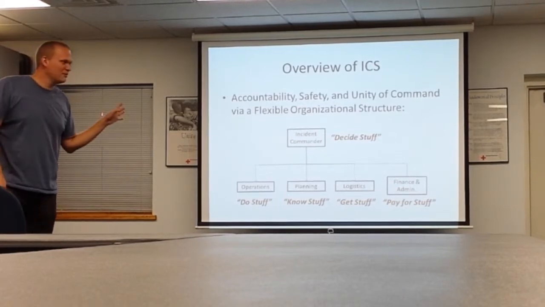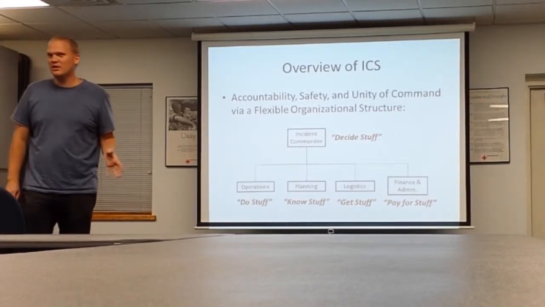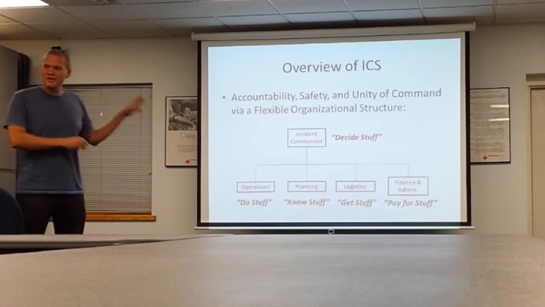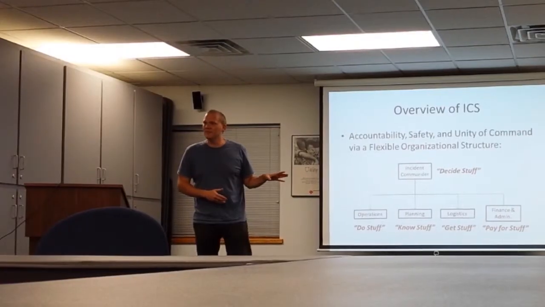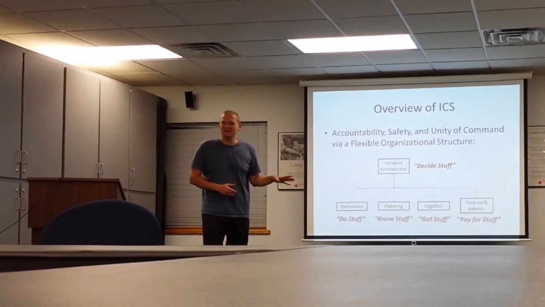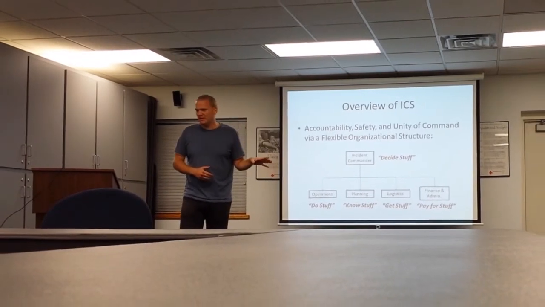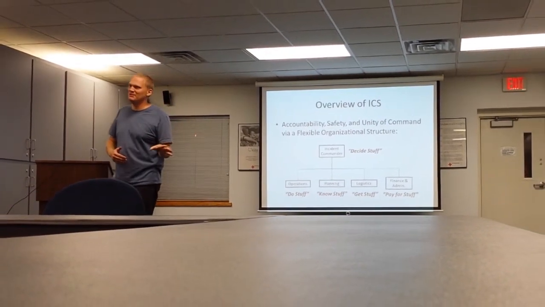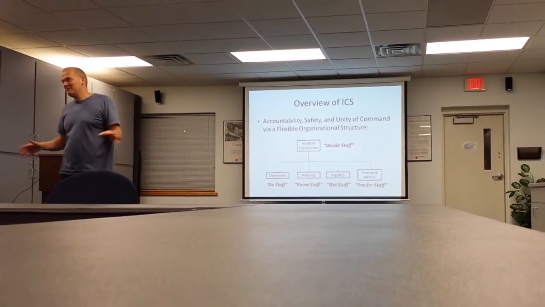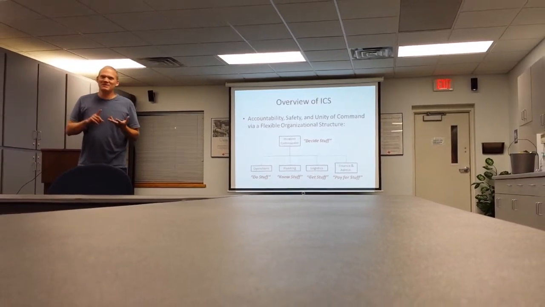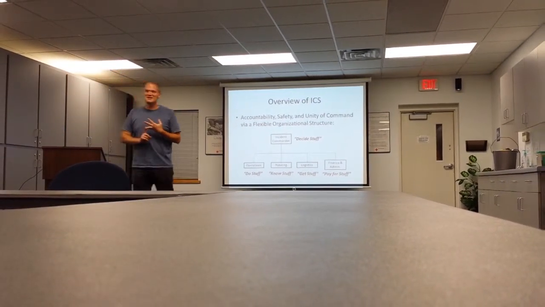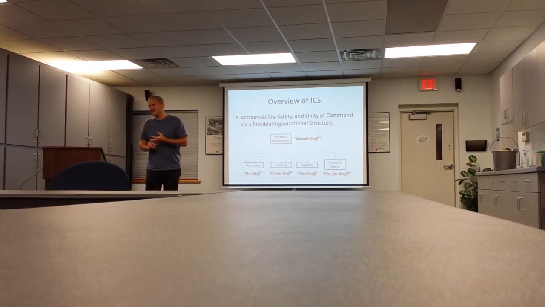Because a lot of the expenses we could incur as a group may be reimbursable through something like emergency management or a public assistance FEMA declaration or something like that. But if we didn't keep track of it, if we didn't document those expenses and make copies of receipts and things like that, guess what? We're not going to get reimbursed.